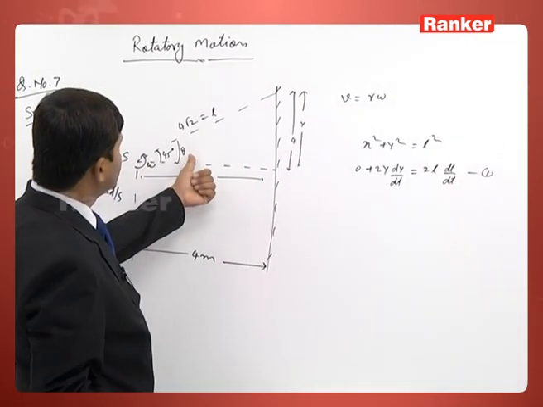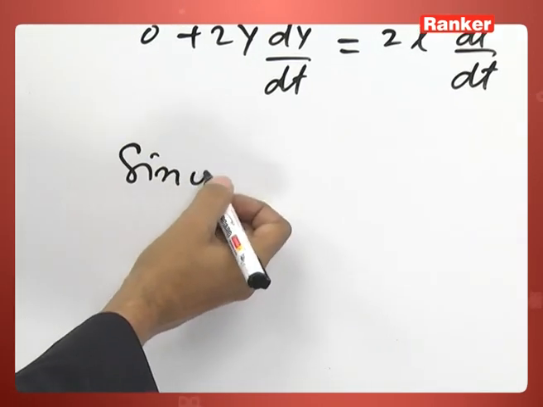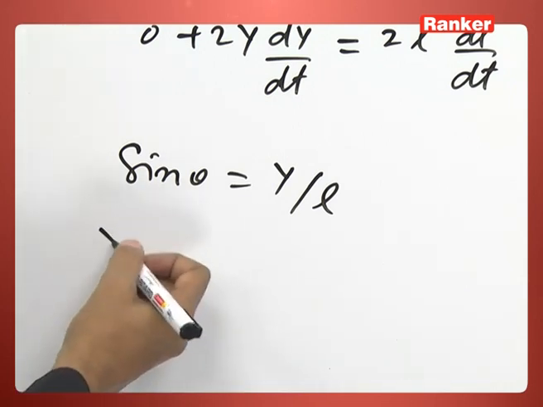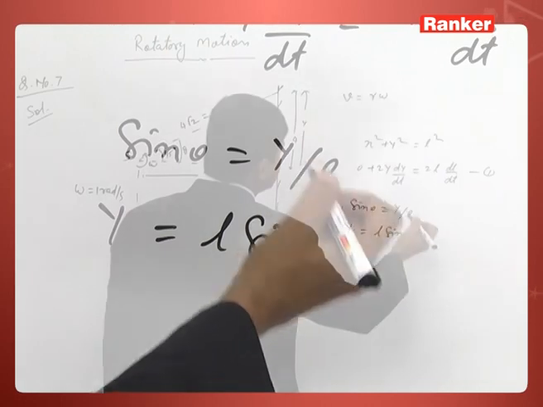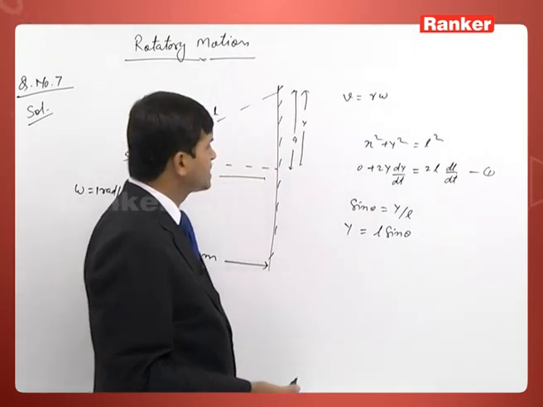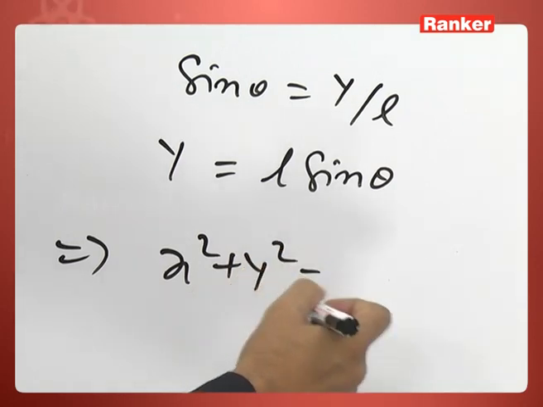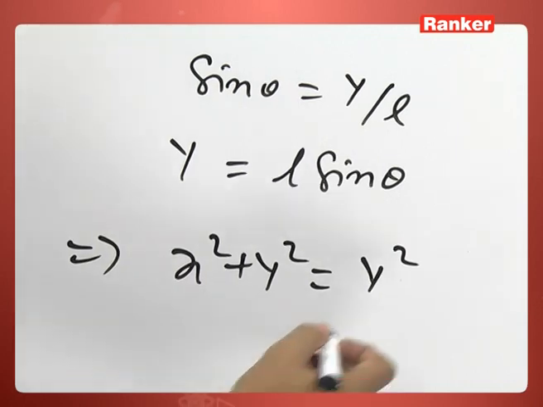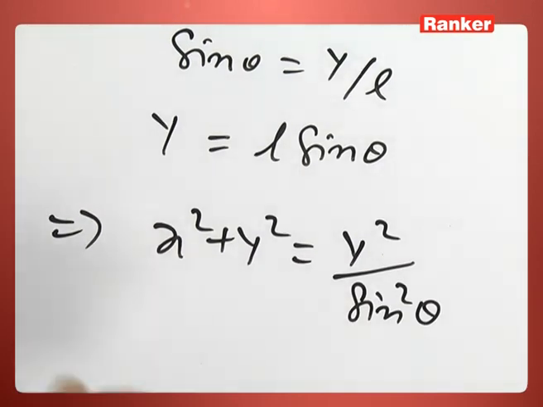From another equation, sin theta is y by L, so y is L sin theta. Also, x square plus y square is L square, which is y square by sin square theta.